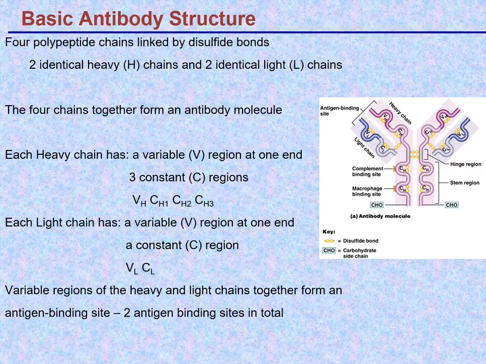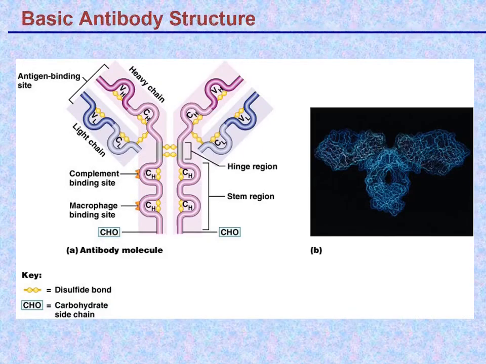The heavy chain is made of these domains, the light chain is made of these domains, and the antigen-specific binding site is made of the two. There are 2 antigen-specific binding sites at the tip here, 1 and 2.